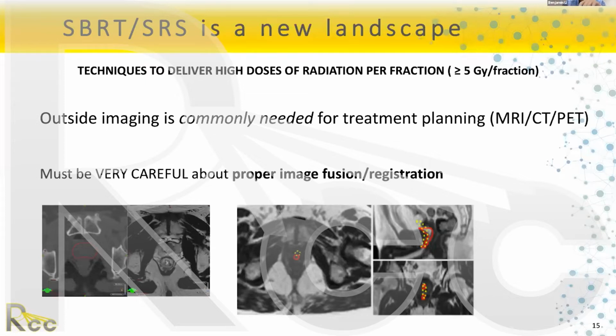And for SBRT of the prostate, one of the things that we are very careful about is avoiding hot dose to the urethra, which goes through the center of the prostate. And here you can see that if your alignment, if your fusion and registration is off, what looks like the urethra on the MRI actually might not be the urethra on the CT scan, because that registration was not done perfectly.